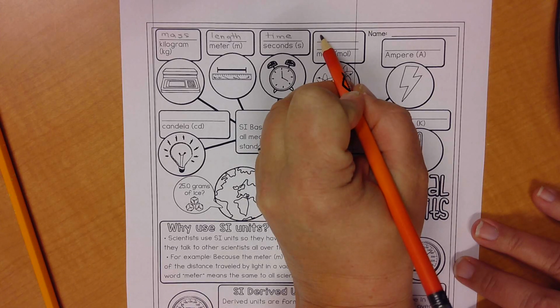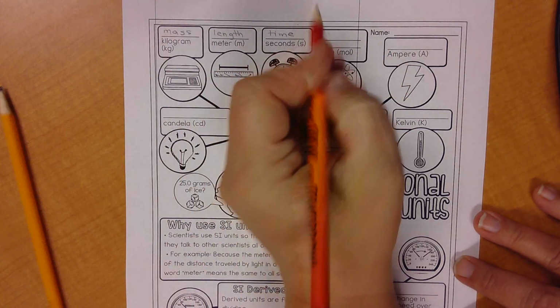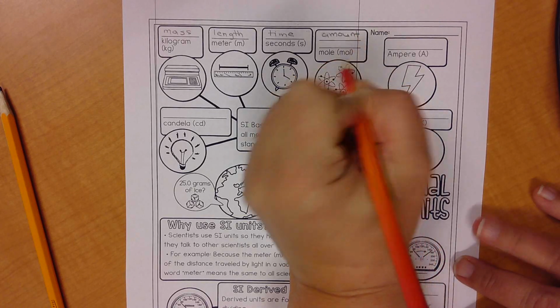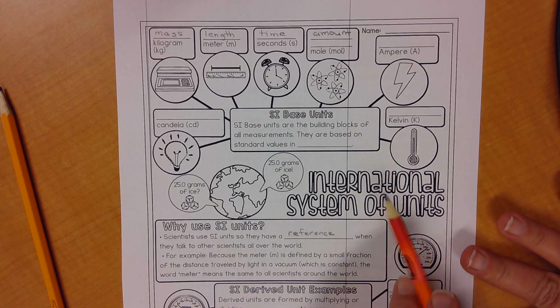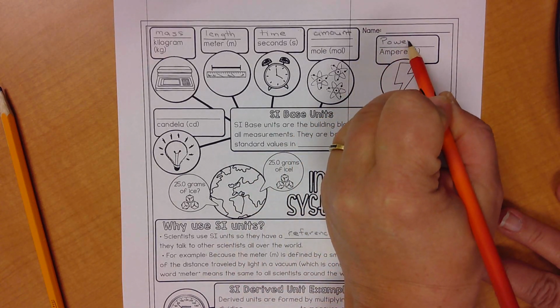The measurement for atoms, well, it's not just atoms, let's say amount, is the mole. Amount. We'll talk about that in the next unit in great detail. The unit for power is the ampere.